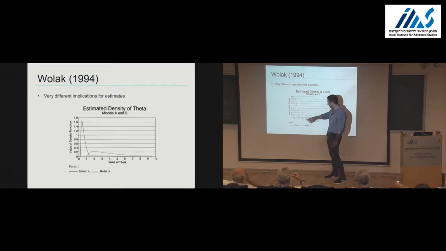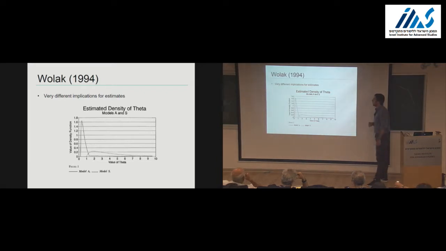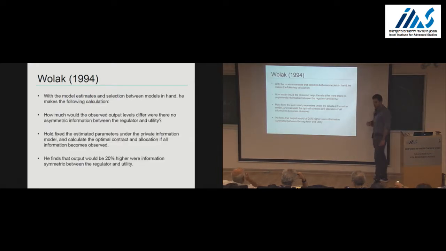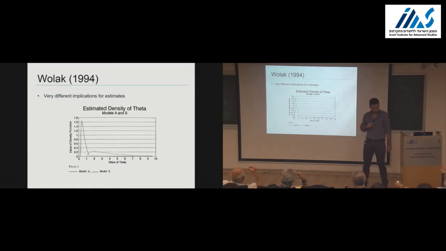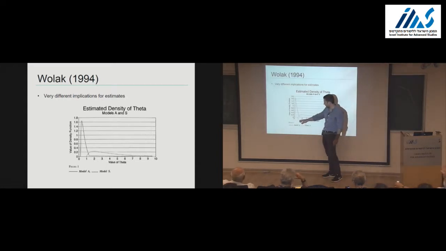But the point is they could be very different, with very different implications. So he chooses this one based on the non-nested test. And then he asks the question, okay, yes? Theta equals 1 is something special in the model, because it seems like that's a separation. One is theta less than 1, the other is theta bigger than 1. Is something special happening there in the model? There's some normalization for the symmetric information model.